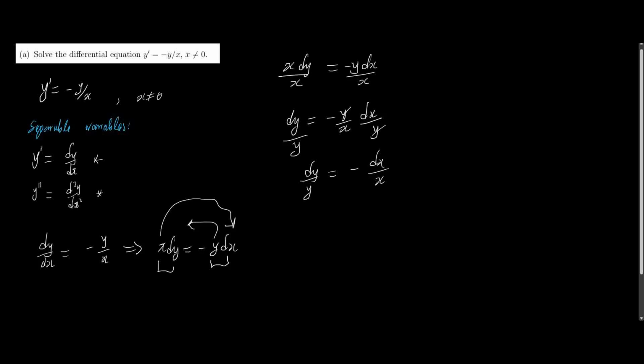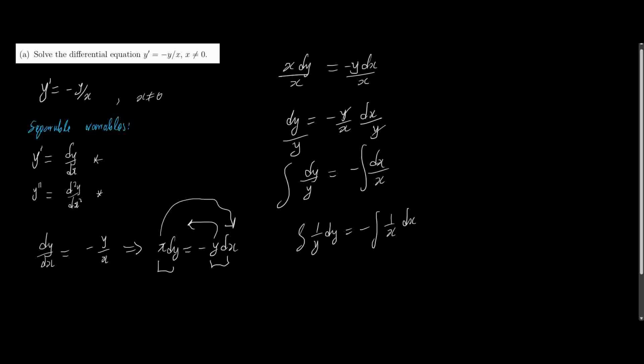Since we are solving the differential equation, we have to remove the derivative sign. To remove the derivative signs, we take the integral on both sides, and we can write this as the integral of 1 on y dy equals negative the integral of 1 on x dx.